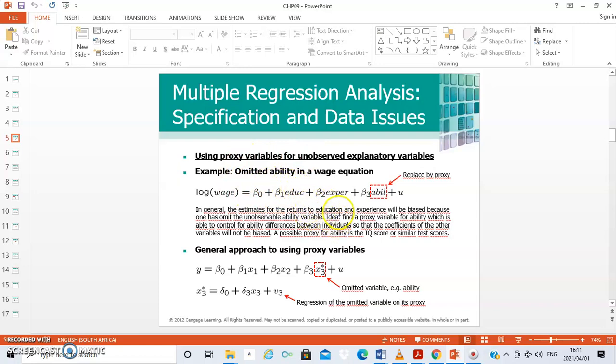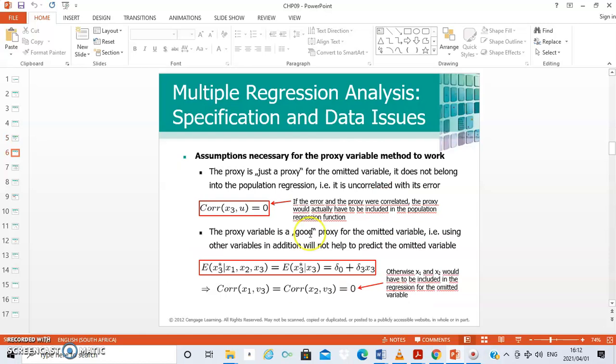Suppose now we would like to determine whether ability also has an impact on the remuneration. Obviously we have to replace that variable using a proxy, and for example in this case they can use IQ. So IQ will be a proxy for ability. The general approach is that a proxy variable is used when there is an omitted variable. So if there's an omitted variable, you use a proxy for it.